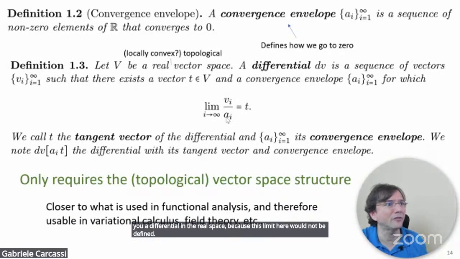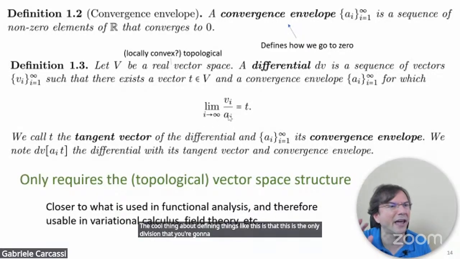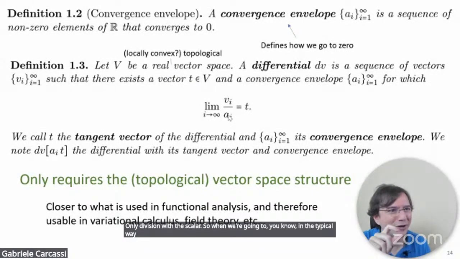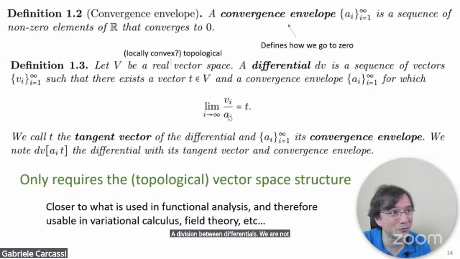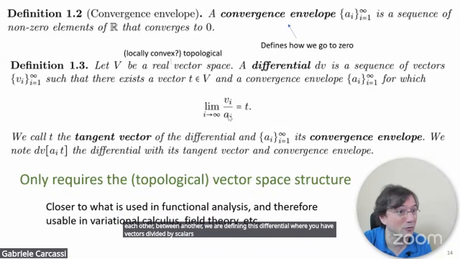The cool thing about defining things like this is that this is the only division that you're going to have. You're not going to have only division with the scalar. So in the typical naive way that you define the derivative, you have a division between differentials. We are not dividing a differential by another. We are defining this differential where we have vectors divided by scalars because we are not going to be able to divide vectors.